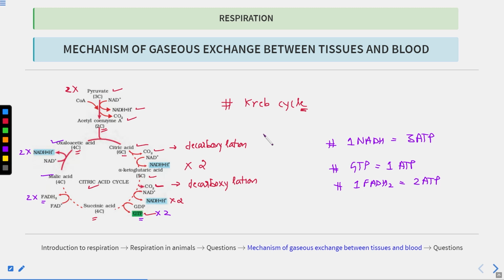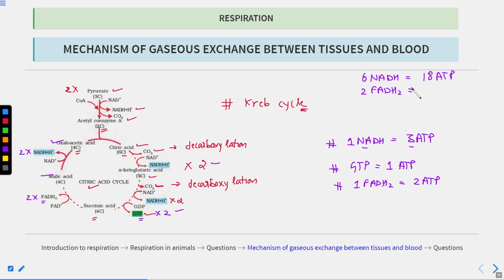Clear? So in total how many NADH are produced? 2 here, then 2 here, then 2 here. So in total we can say 6 NADH molecules are produced. So 1 NADH corresponds to 3 ATP. So here a total of 18 ATP will be generated. Now 2 molecules of FADH2 are also produced.